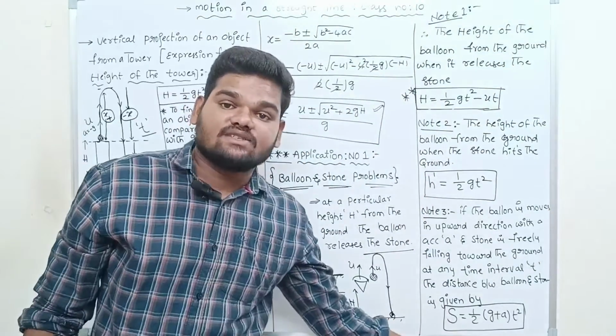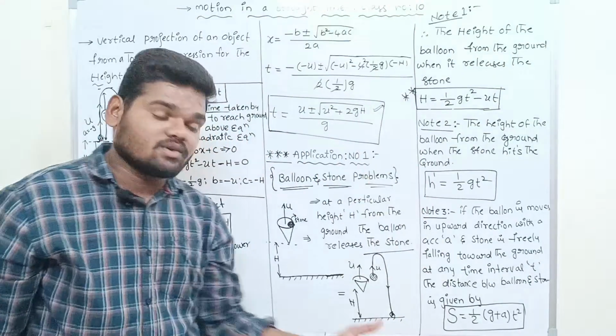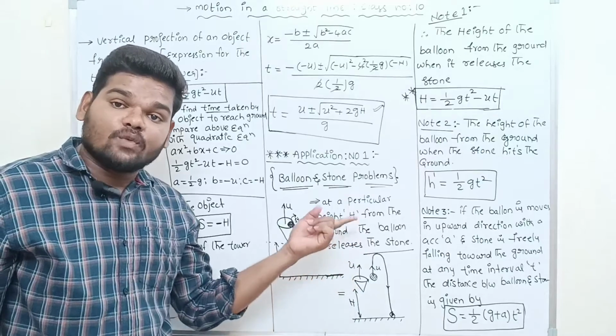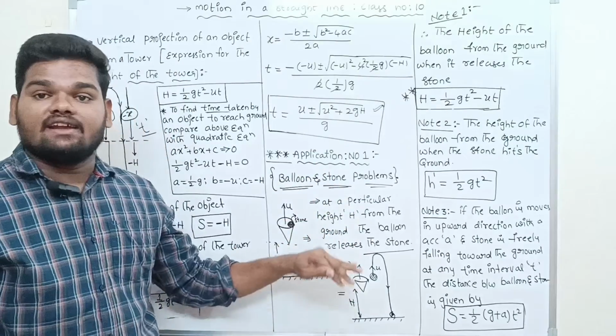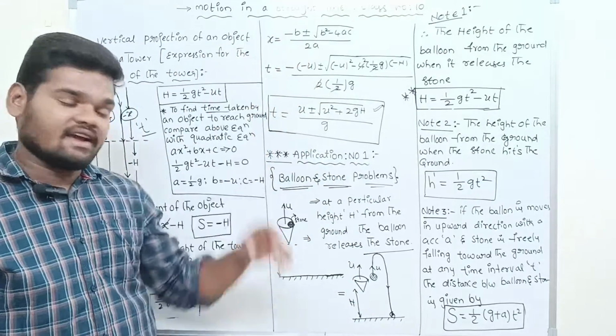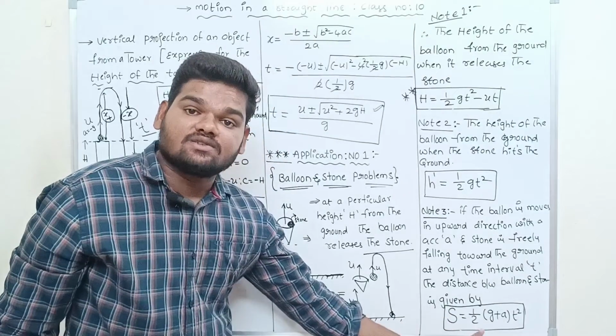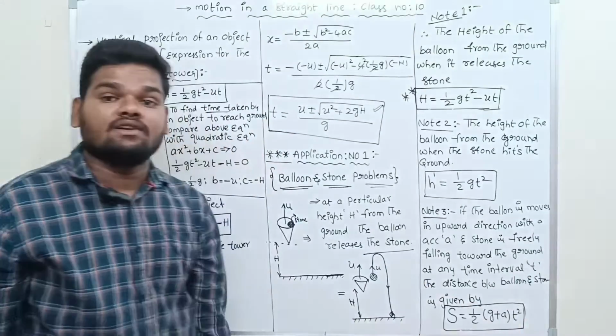So this is the displacement between the balloon and the stone when this balloon is moving with the acceleration a in a vertically upward direction. What is the formula? s is equal to half g plus a into t square.